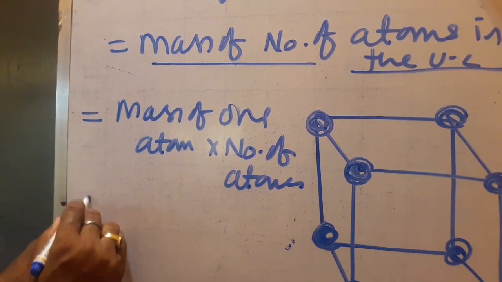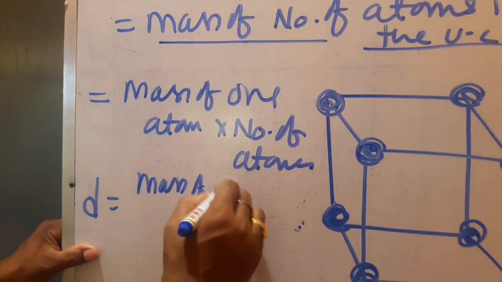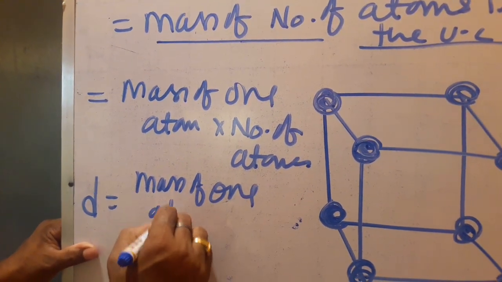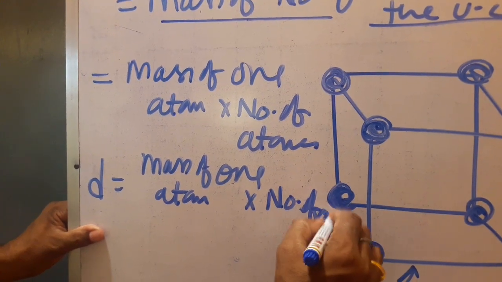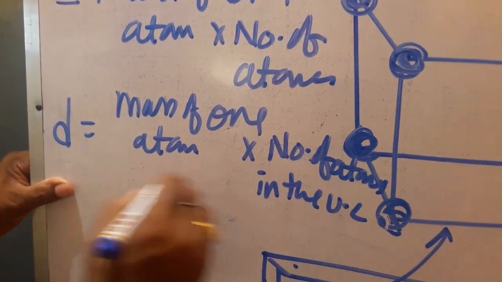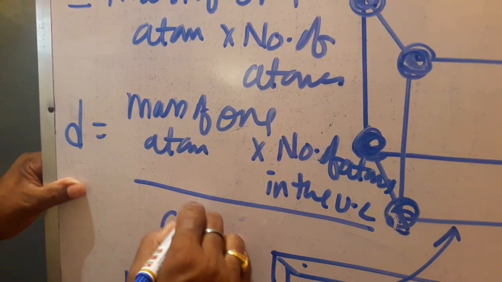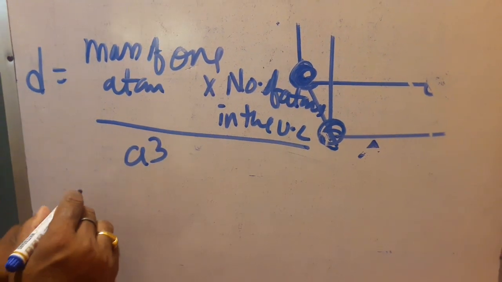Okay, so now density will be equal to mass of one atom into number of atoms in the unit cell divided by volume of the unit cell, which is a cubed. Now what is mass of one atom?